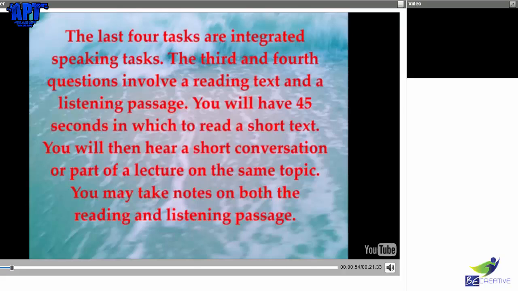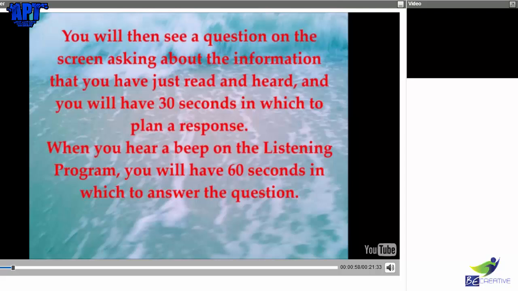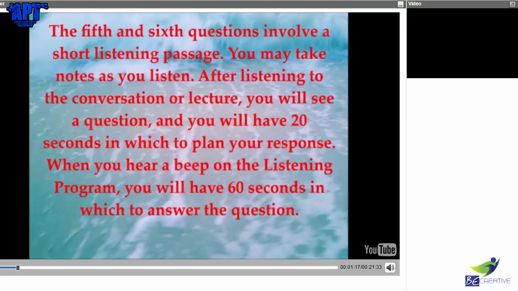You may take notes on both the reading and listening passage. You will then see a question on the screen asking about the information that you have just read and heard, and you will have 30 seconds in which to plan a response. When you hear a beep on the listening program, you will have 60 seconds in which to answer the question.